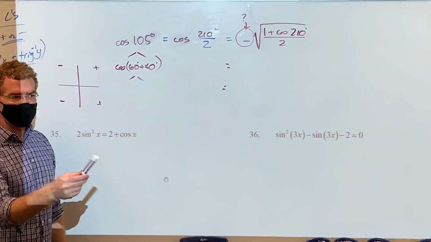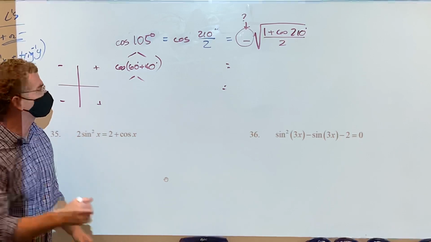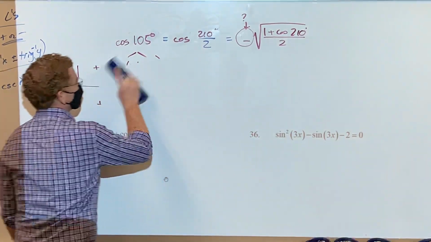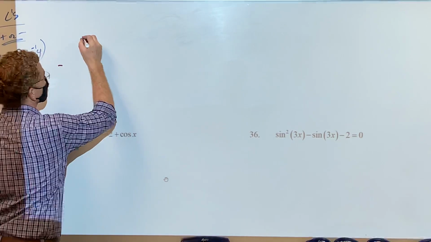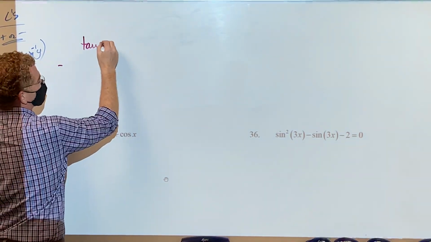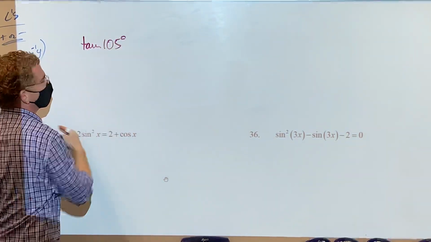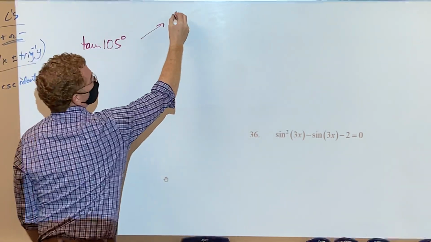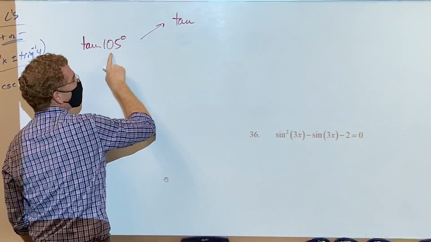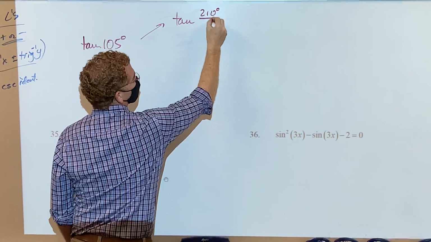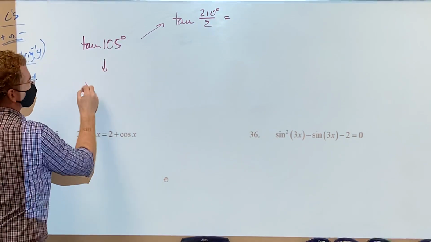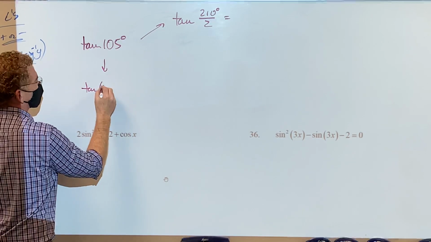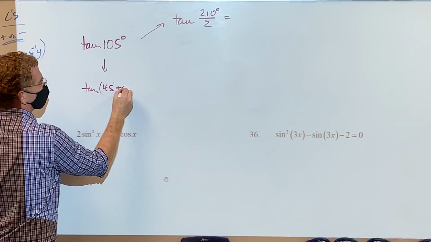Now, I may or may not have mentioned this before, but when it comes to tangent, you have a bunch of identities, right? For half angle. So if I give you something like tangent of 105, you have the choice of saying, oh, well, I could take half of a 210 and use a half angle identity, or I could say tangent of something like 45 plus 60.